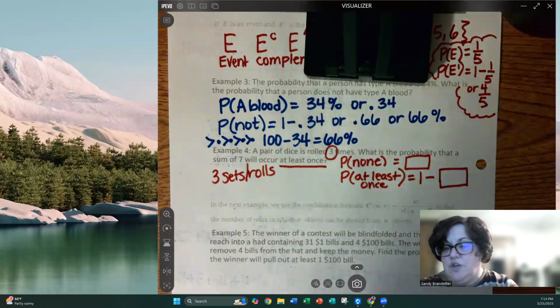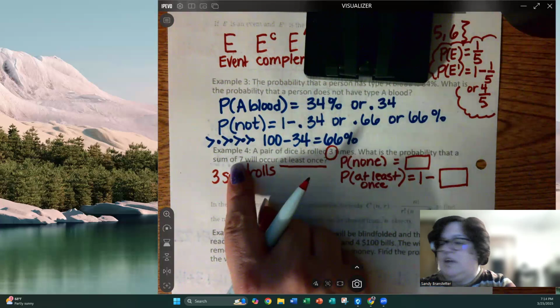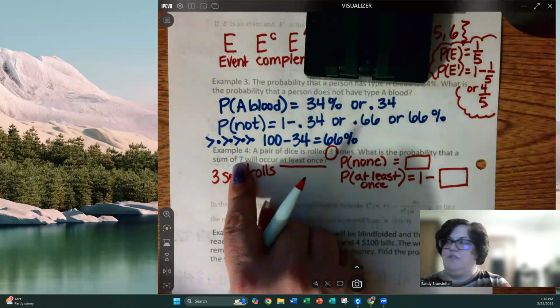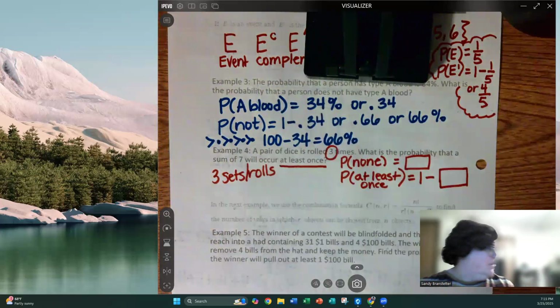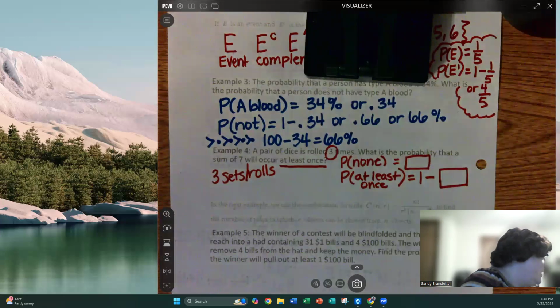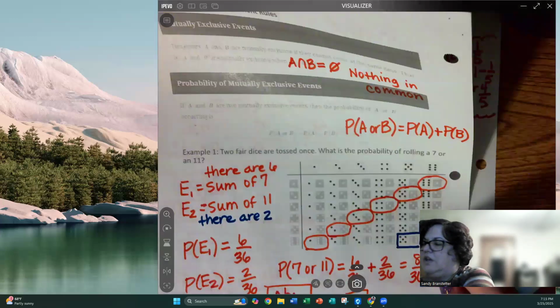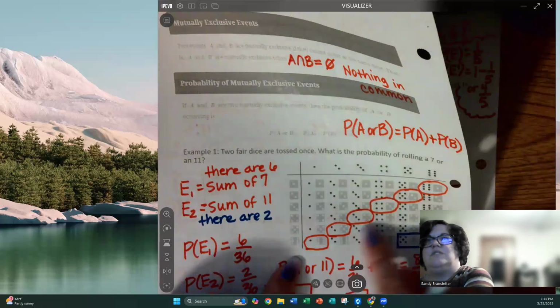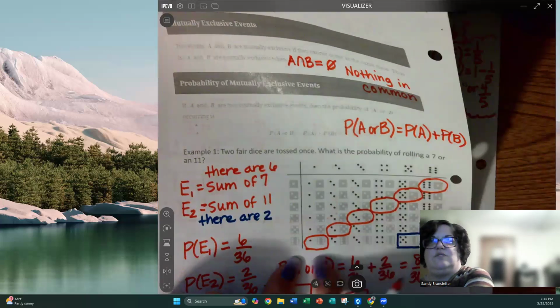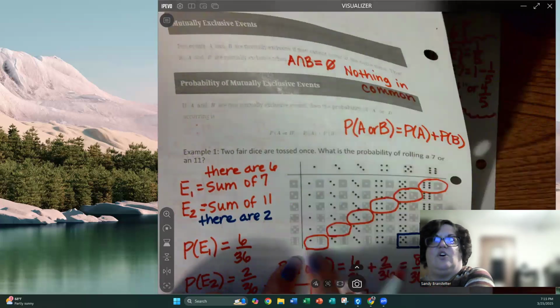So first of all, let's think about ways we can get the number 7, and then how many are not the number or sum of 7. So let's look back to example 1. I'll grab my picture here. And remember that our sums of 7 were these 6 values. Remember, there were 36 altogether.